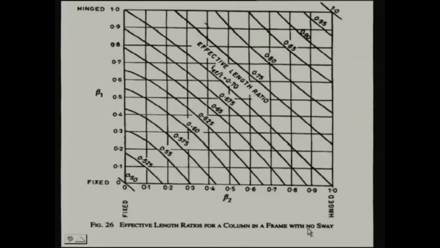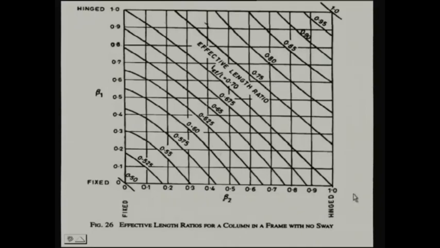If the frame has no sway, in that case I shall take the parameter beta 1. Please note here it is fixed. If both ends are fixed, then we shall get 0.5. Beta 1 starting from 0 to hinged position, that is 1, so beta 1 can have a value from 0 to 1. Similarly, the other end also 0 to 1.